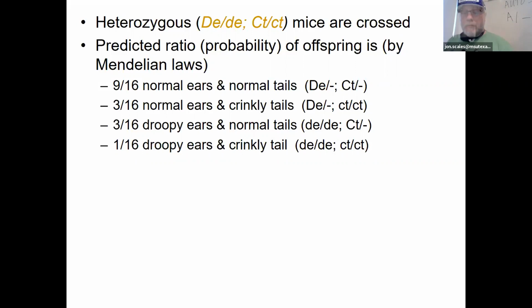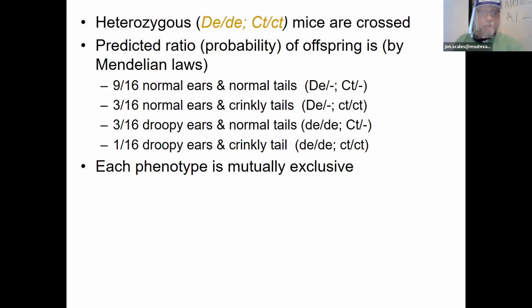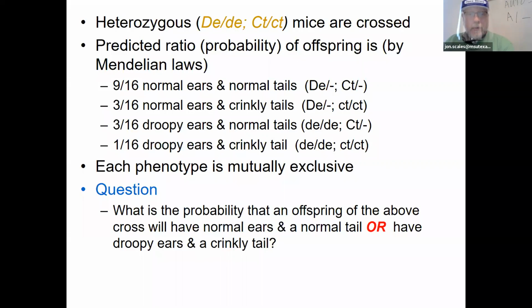So you might want to think about what's the probability of being one way or the other. So let's ask the question, what's the probability that an offspring would be either completely mutant or completely normal? So they're either this phenotype or that phenotype. How do you calculate that?